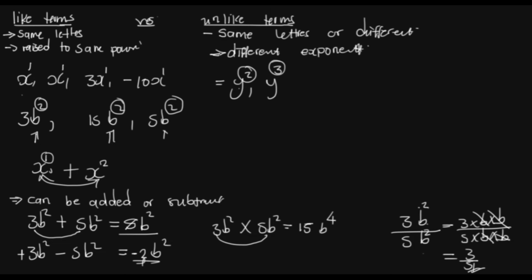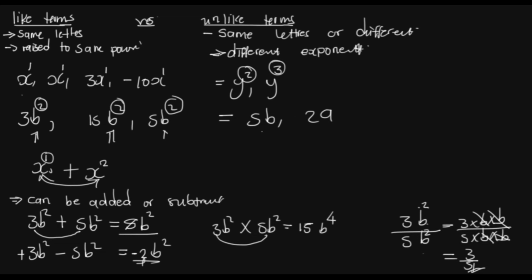Then the other one, if we have 5b and 2a, these two are unlike terms, since they have different variables.